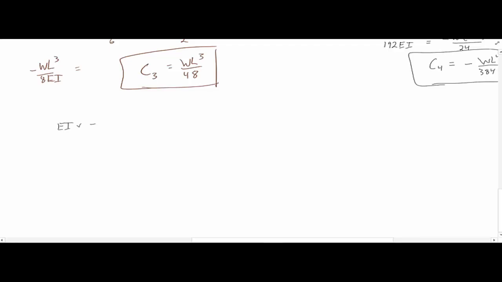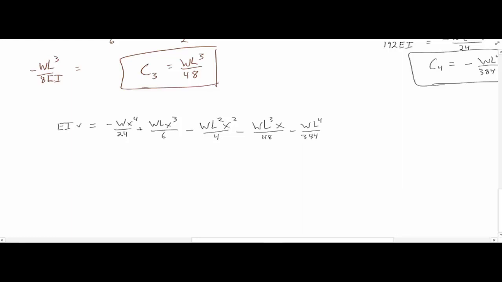EI nu equals negative WX to the fourth all over 24 plus WL x cubed over 6 minus WL squared x squared over 4 minus WL cubed multiplied to x divided by 48 and minus WL to the fourth over 384.